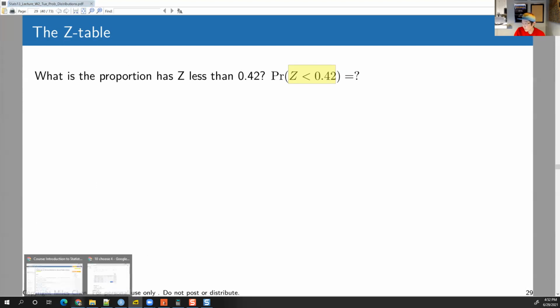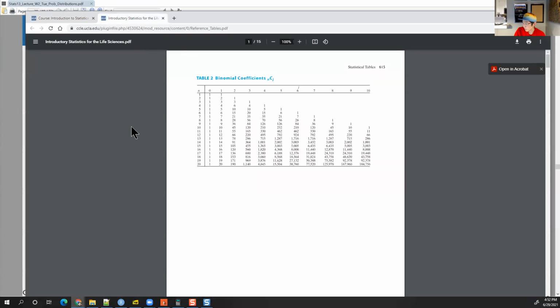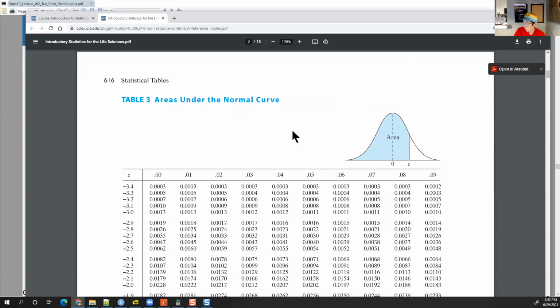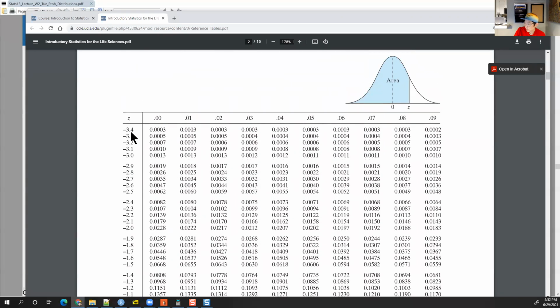Open up this reference table and go to areas under the normal curve. This is always the area to the left of a z. z starts off at -3.4. It says if you go to z equal to -3.40, the area to the left is 0.0003.